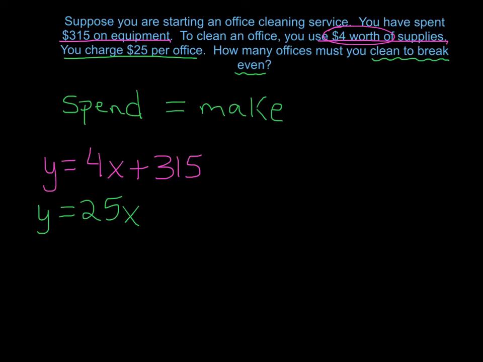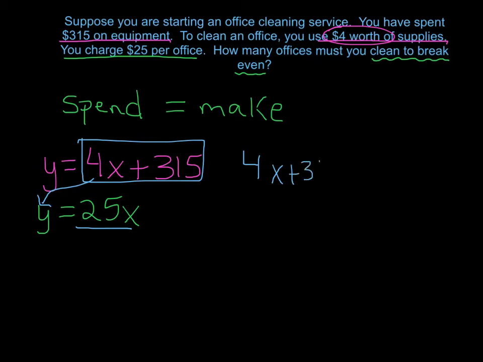And to find out when will you break even, we want to know when will the amount of money that you spend be equal to the amount of money that you make. So to solve these by substitution, we can set it up as 4x plus 315 equals 25x. To solve this, we have to get the variable x on one side of that equal sign.